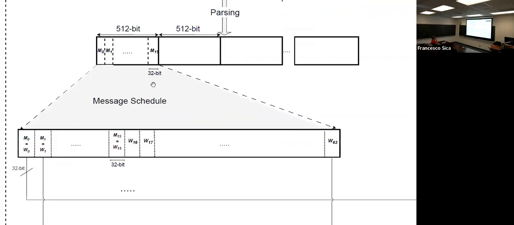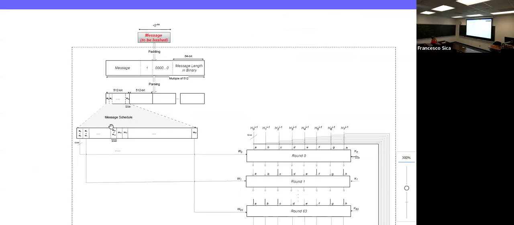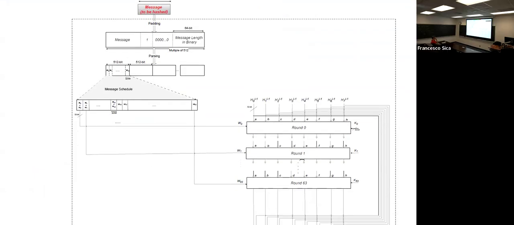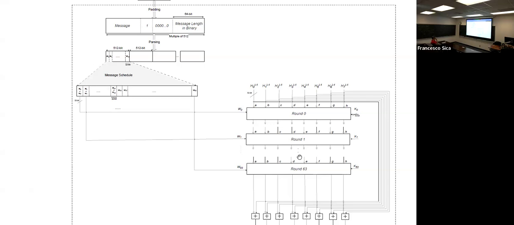It expands to 64 words, each of 32 bits, and then we give each of these words to a separate round of the compression function.